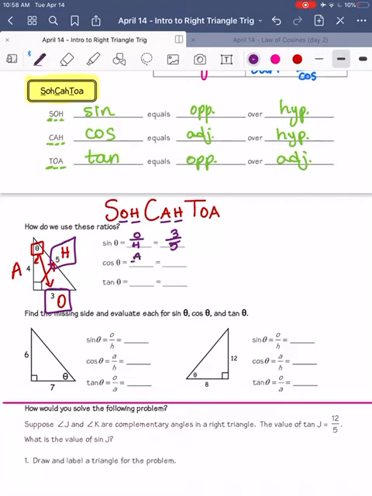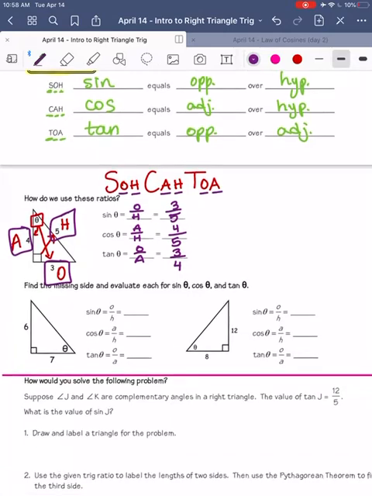Our adjacent side is 4 and the hypotenuse is 5. 4/5, we're done. And then the tangent is TOA, O over A. Our O side is 3 and our A side is 4, and that's it.